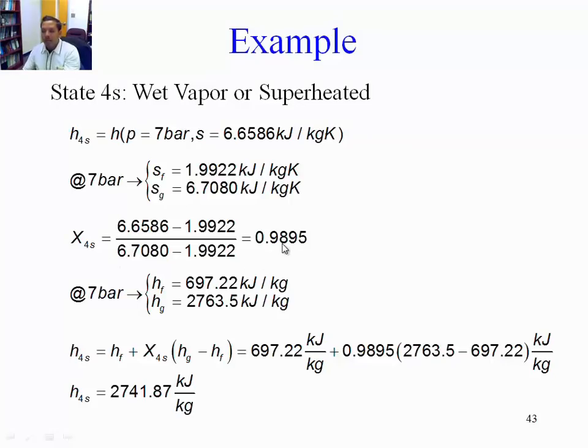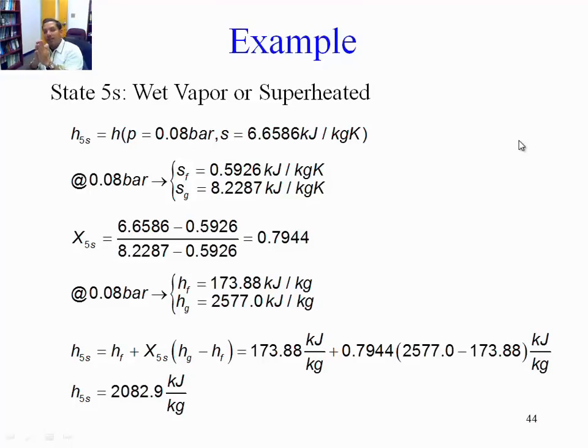Then we can use that quality to calculate the enthalpy of state 4. Enthalpy of saturated liquid is 697, enthalpy of saturated vapor is 2763. We plug in the quality and we get 2741.87 kilojoules per kilogram.